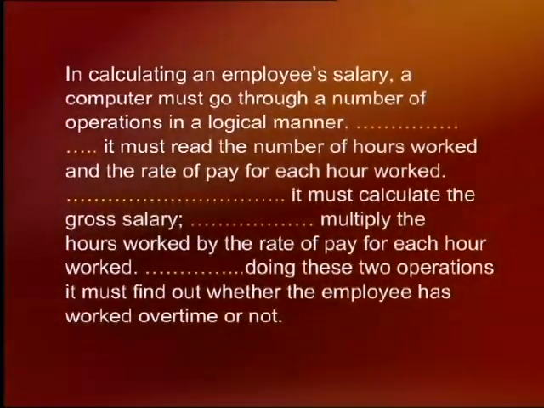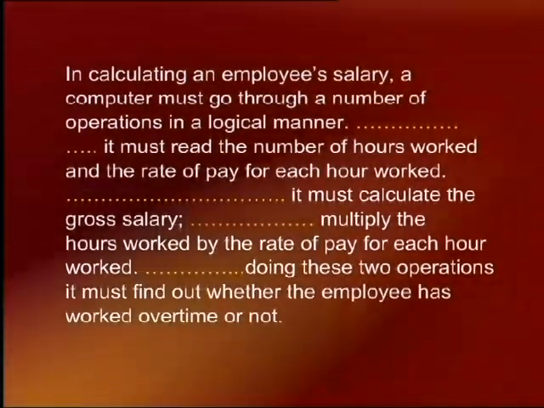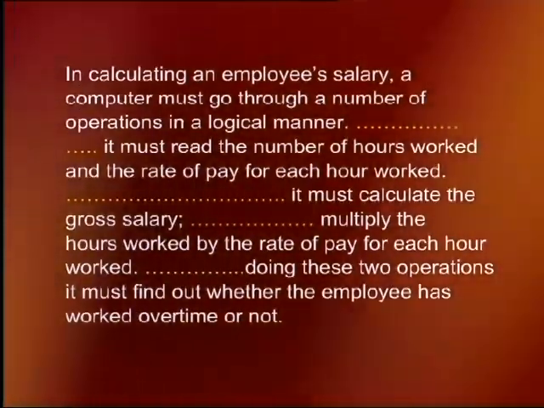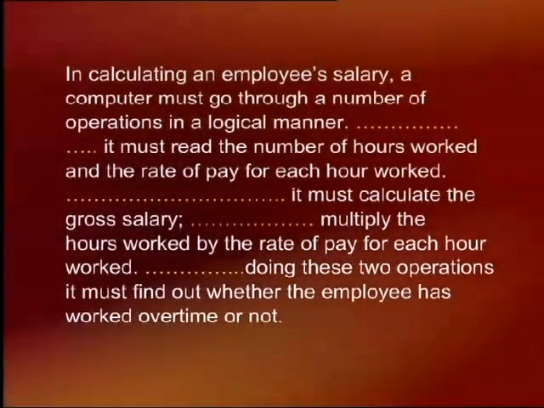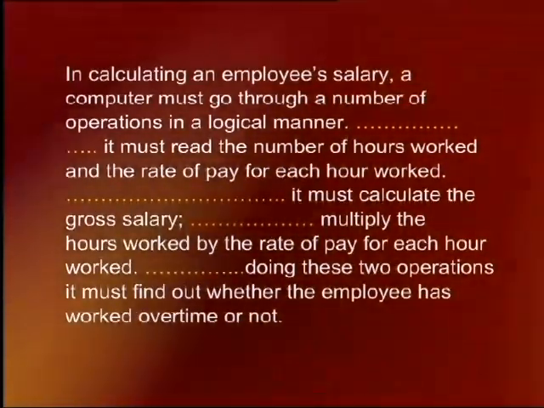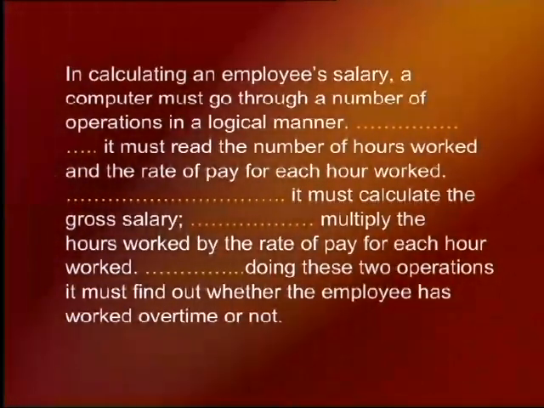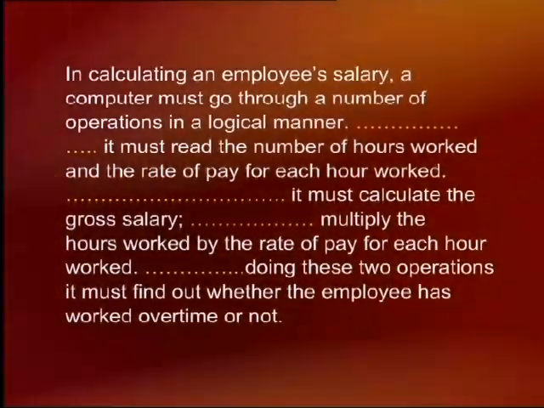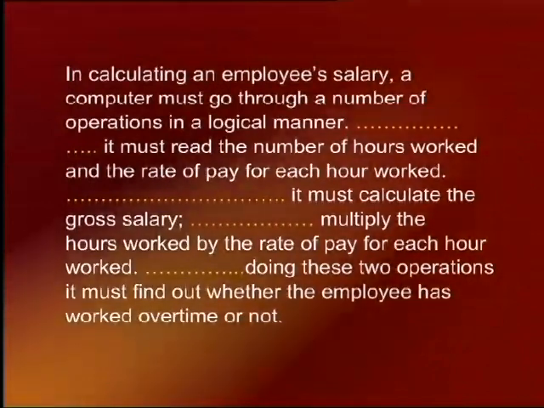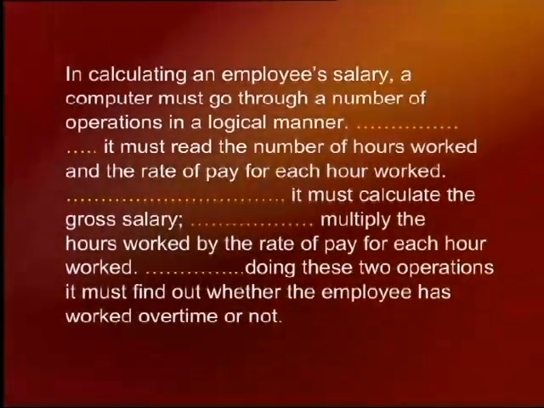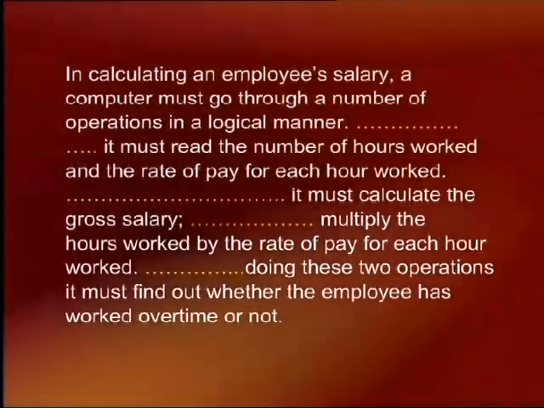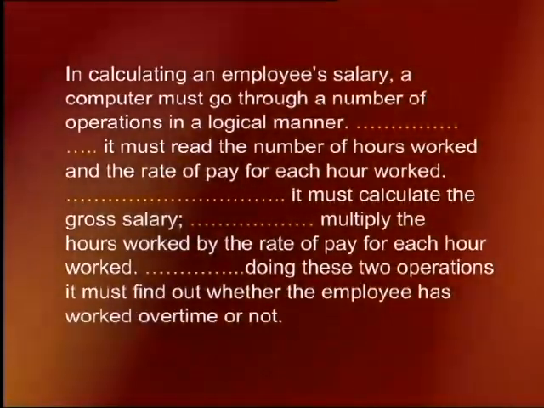Look at the next sentence. Doing these two operations, it must find out... what connective would be proper over here? You've used "then", so it has to be "after". After doing these two operations, it must find out whether the employee has worked overtime or not.